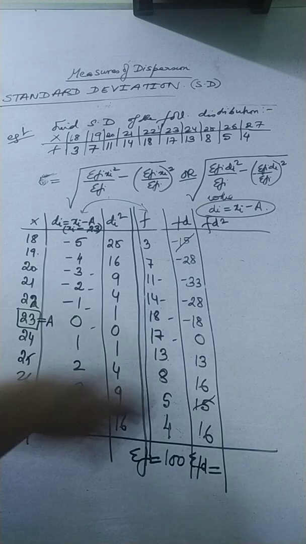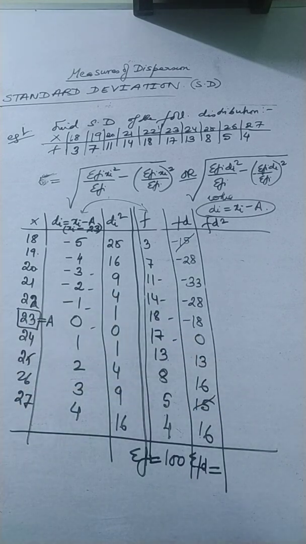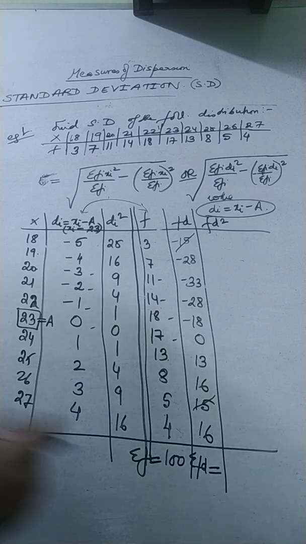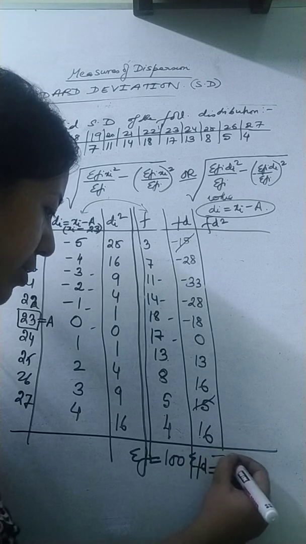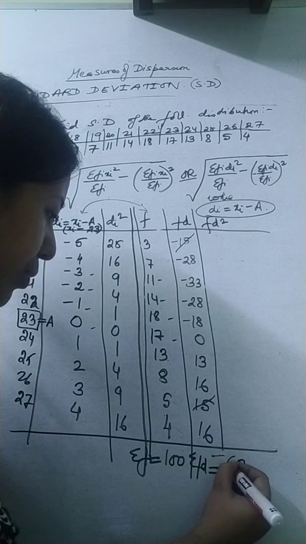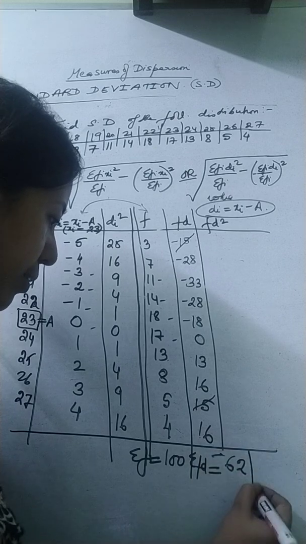And this minus 18 and 13 will give you, okay, so it will come to minus 62 if I'm not wrong.